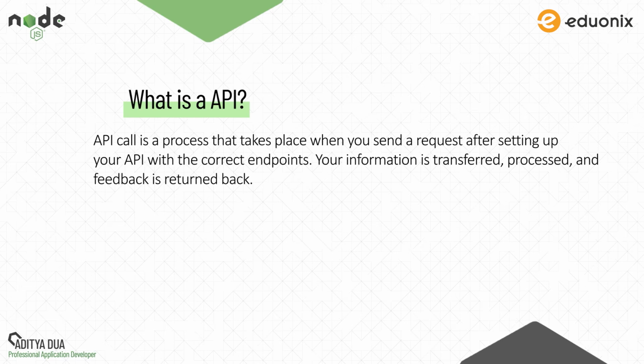That is termed as an API. So what is an API? An API is the process of sending a request, and based on that request, an answer is triggered. And APIs are of two types: REST APIs and SOAP APIs.